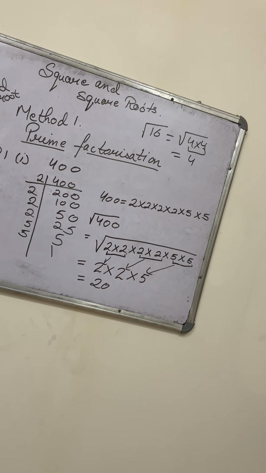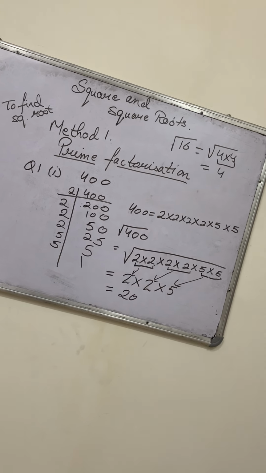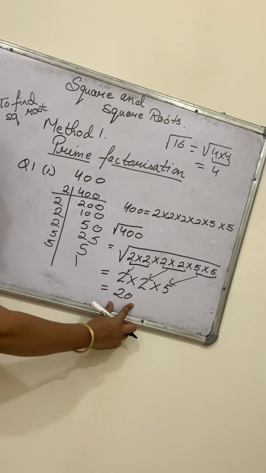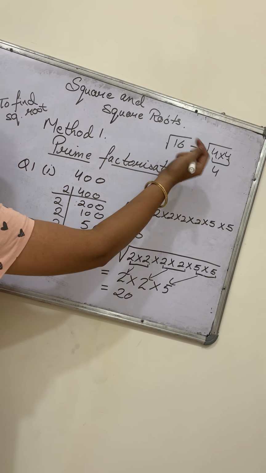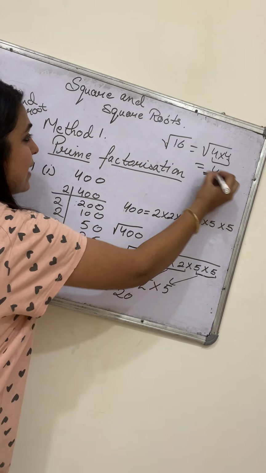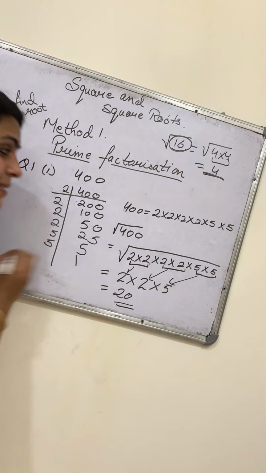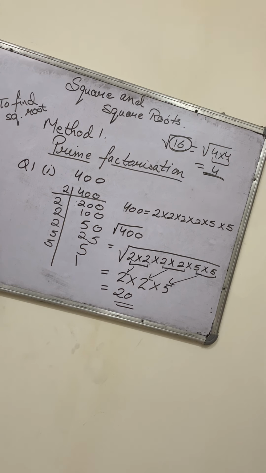And they have asked, you have to check whether it is a perfect square or not. You got the exact answer, right? Whenever, like here we learned that whenever you get the exact answer, so 16 is a perfect square. Here you got the exact answer 20. So yes, 400 is a perfect square.